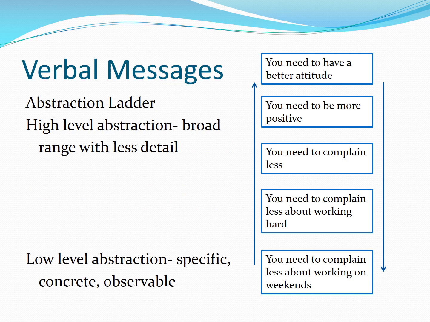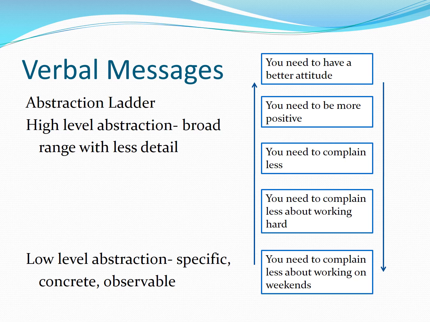When we're looking at the abstraction ladder that's found on page 155, on one side of things where there's a high level of abstraction, things are very broad. For example, you need to have a better attitude. And moving down that abstraction ladder, we can become very specific and very concrete.